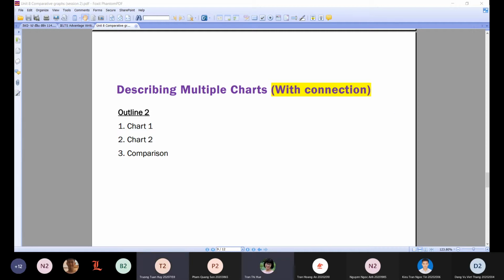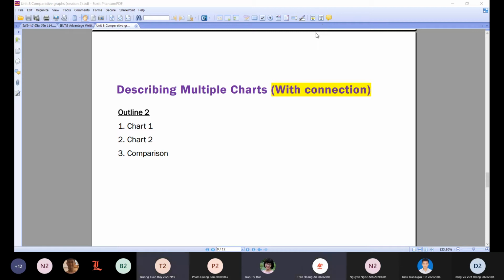Các bạn còn nhớ sample đầu tiên mình analyze cái gì không? Topic là gì? Các bạn nào còn nhớ không? Đúng rồi, đó là số người living alone. Living alone, nhưng mà có những thông tin gì?